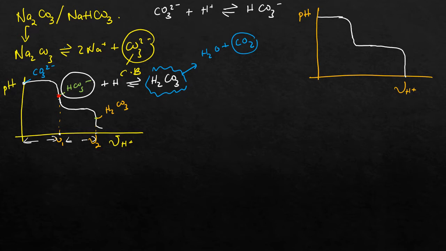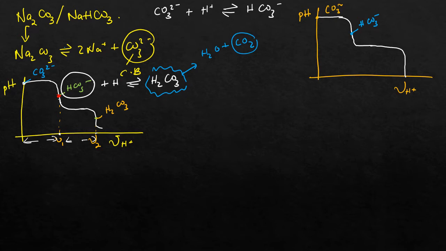Now, we are starting with a carbonate, so we have CO3 2- at this point. As we keep adding the acid, we convert that to what? The hydrogen carbonate at our first equivalent point.